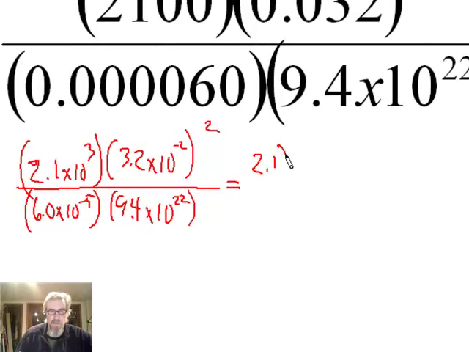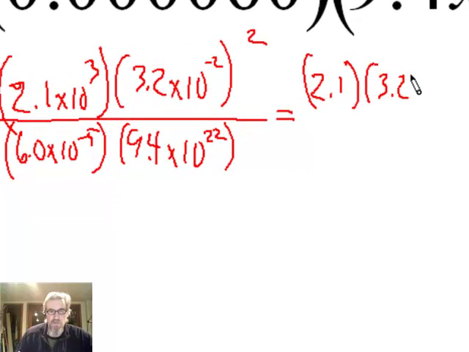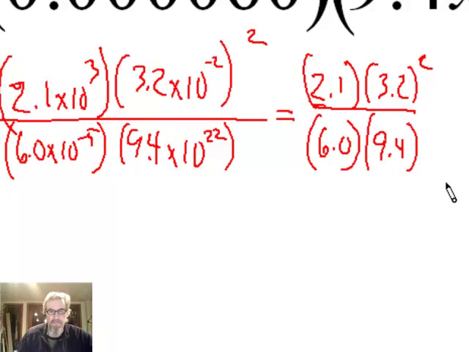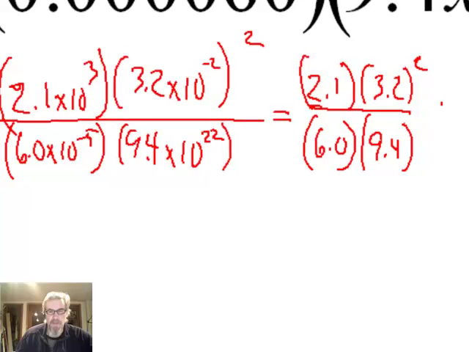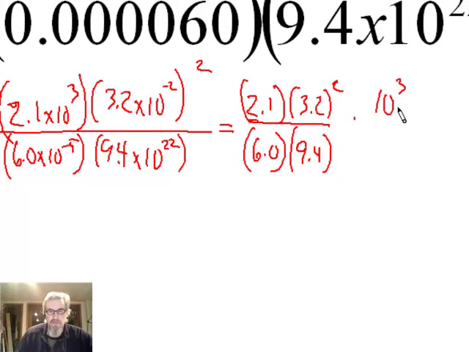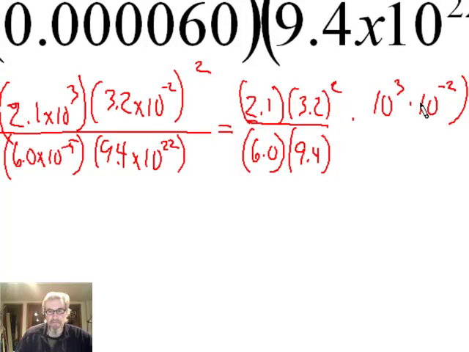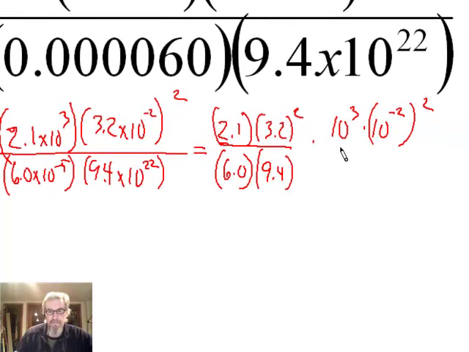So that'd be 2.1 times 3.2 squared divided by 6.0 times 9.4. I'm multiplying that by 10 to the third times 10 to the negative 2 squared divided by 10 to the negative fifth times 10 to the 22.